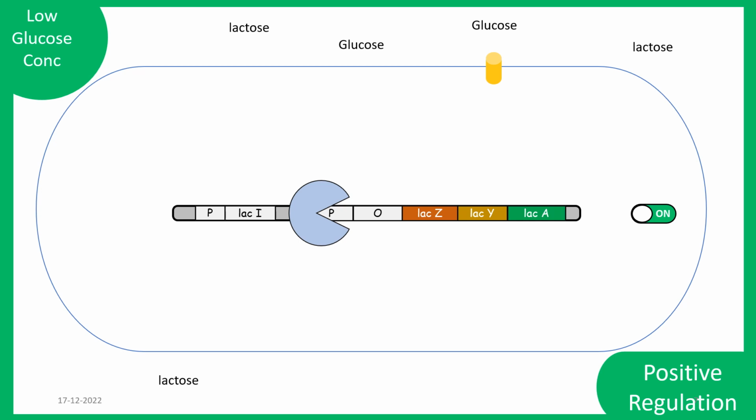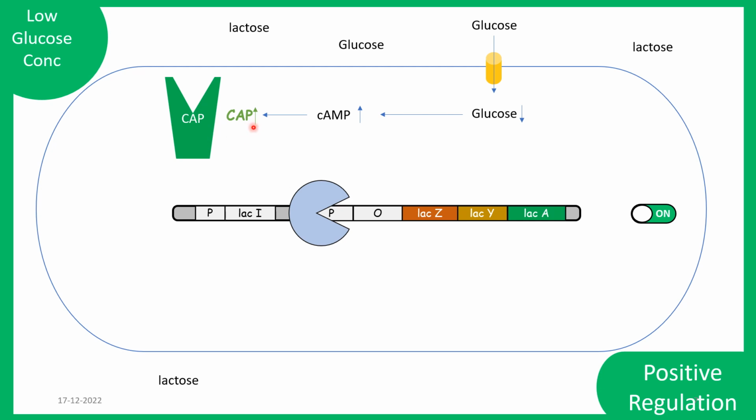So now in the third situation, when the glucose concentration is low in the media, the glucose enters the cell using a permease enzyme. Now, due to the low concentration of glucose, the level of cyclic AMP increases. The increased level of cyclic AMP leads to an increase in the amount of catabolic activator protein in the cell.